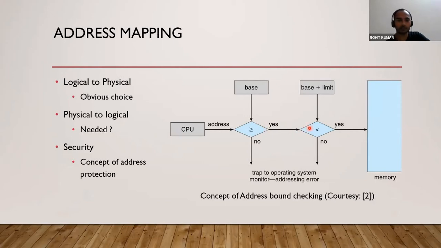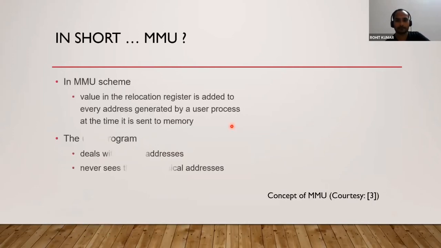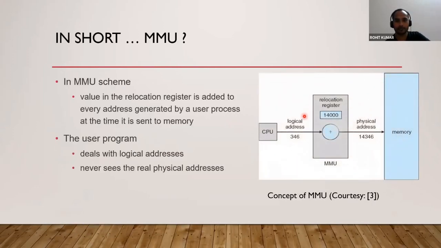Now you are getting the concept of what I am trying to deliver. The point is that the addresses generated by the CPU are logical in nature. But this particular address is the one coming from the CPU after the relocation calculation. Because otherwise, your 346 is never going to be greater than the base value.